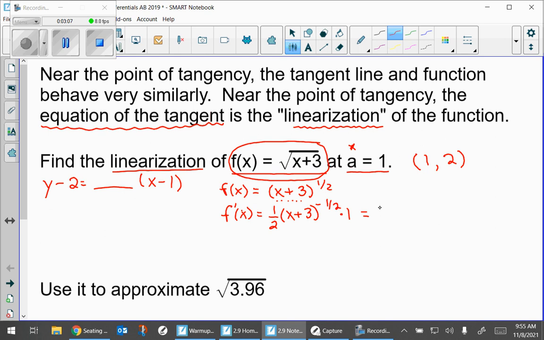Now, this is a fractional derivative. I definitely have a 1 on top, and I definitely have a 2 on the bottom. Where does this thing belong? So (x plus 3) to the positive 1/2, or the square root of x plus 3, goes on the bottom. And then times 1. Well, I really don't have to write times 1.